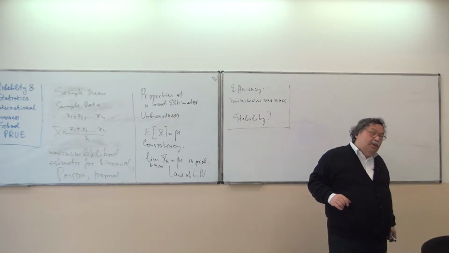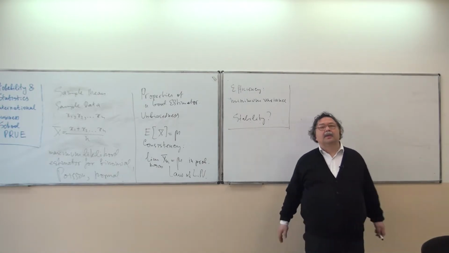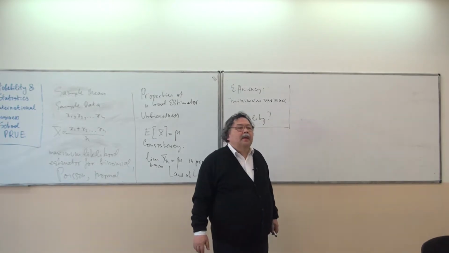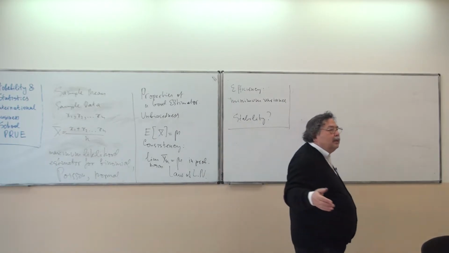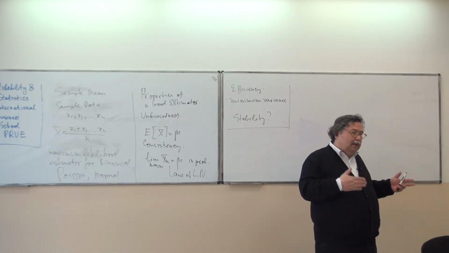Of course, this is some finding, this is some information, but if you ask yourself, how different can this estimate be from the true meaning? If you only have one number, you have no answer to this question.